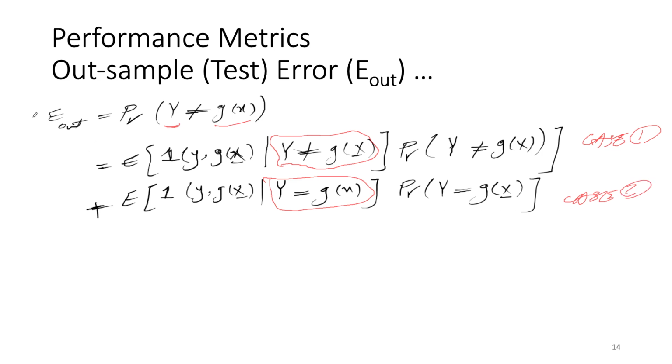Right? So the overall value is either of this, like the summation of this. Right? The identity value of y, g of x, given the condition that it was a mismatch or prediction error, what we call misprediction.